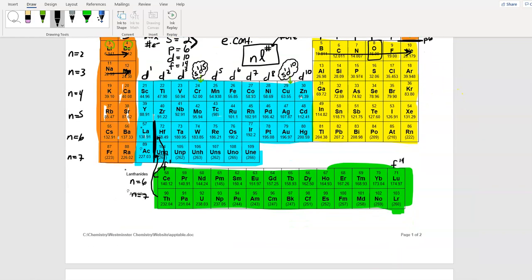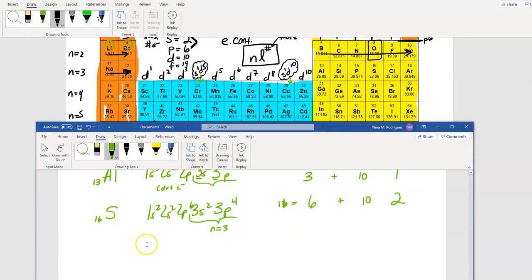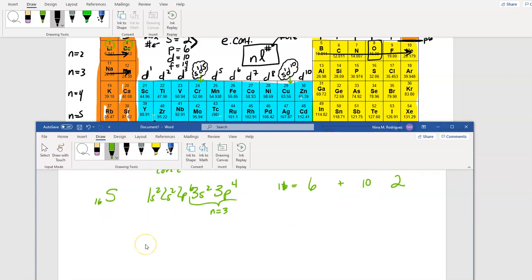Okay? Let's go, Mr. Calcium. Before we transition to the blue guys, let's go calcium. So calcium, number 20. Okay. Calcium at the end of the story, pause it, write it. 4s2.